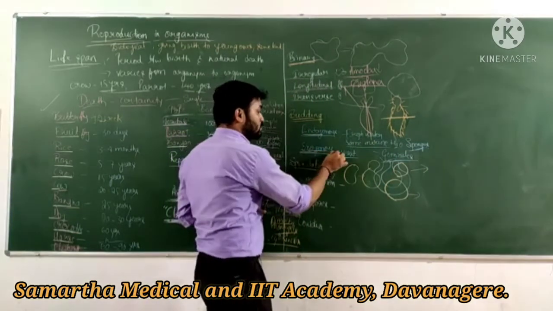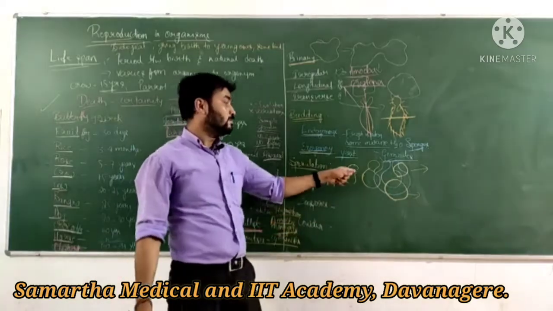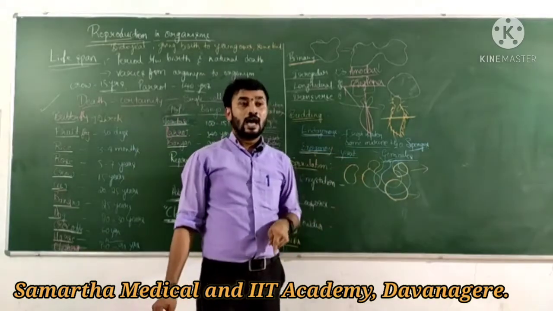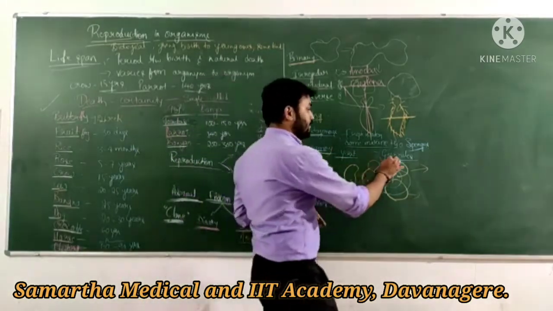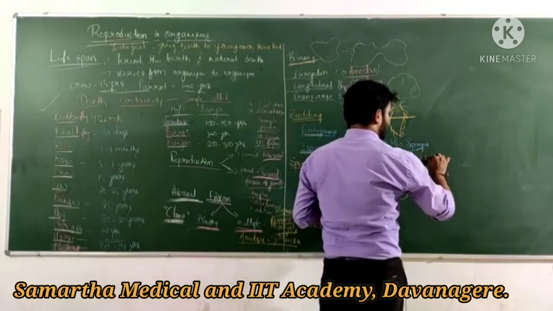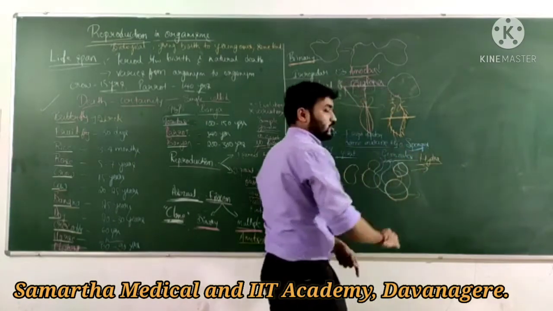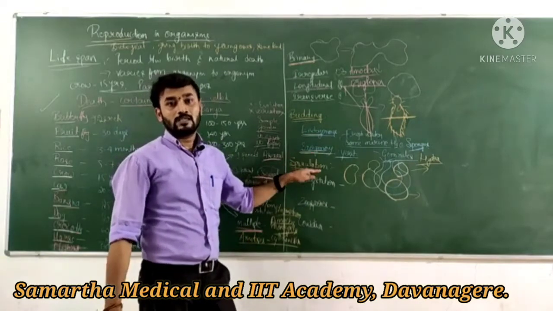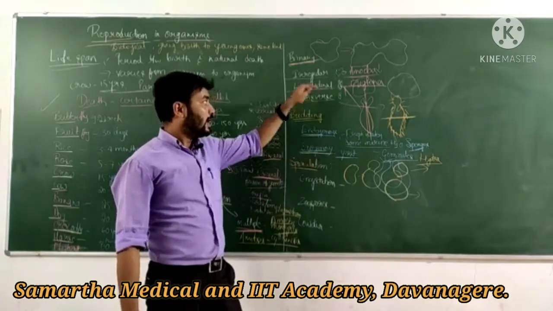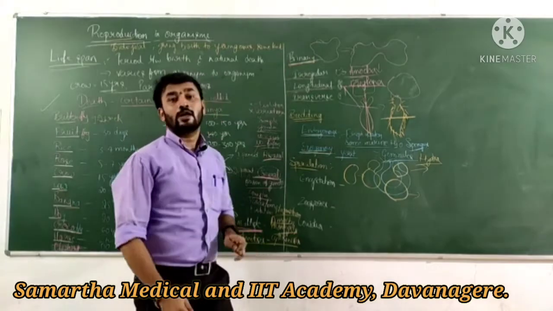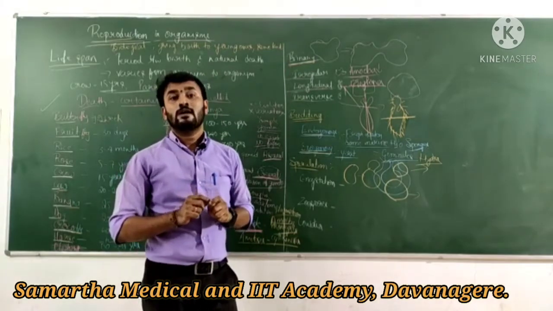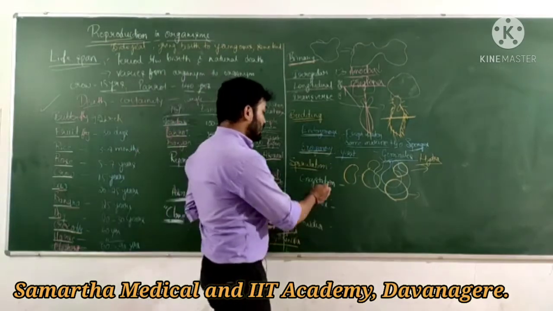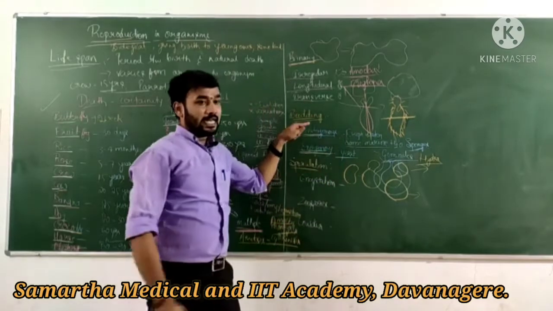So the budding, especially exogenous, the best example we can quote is yeast. Along with that, hydra is also an example for budding. Very important. These asexual buds, and especially budding or whatever the types we are discussing, are very important for the competitive exams.